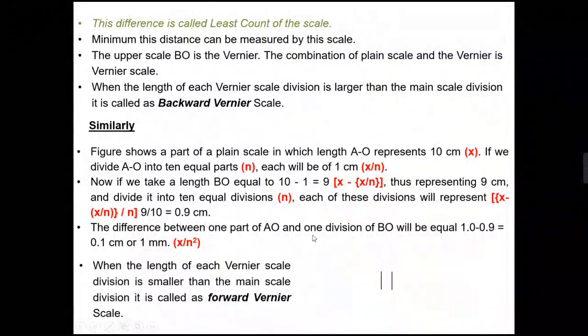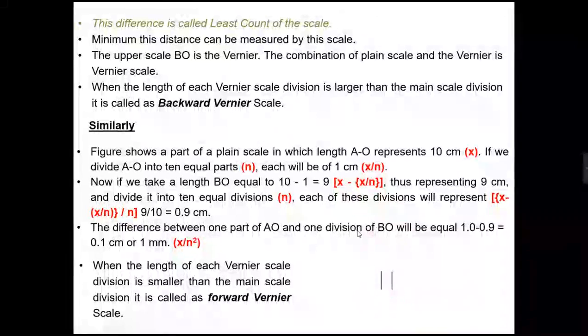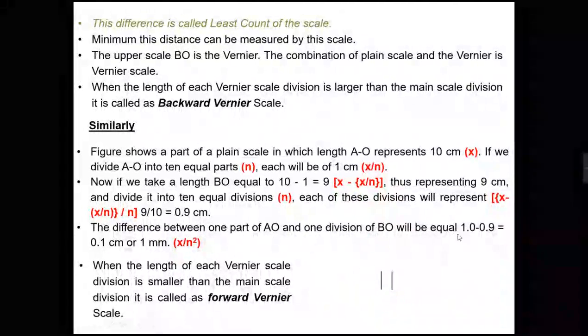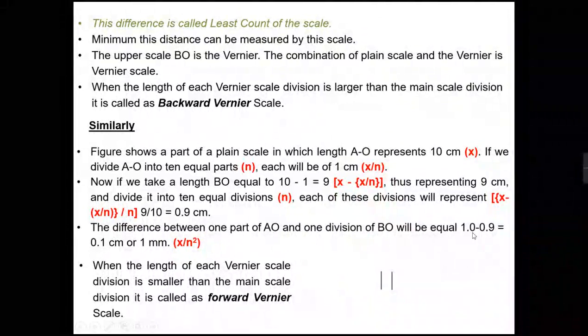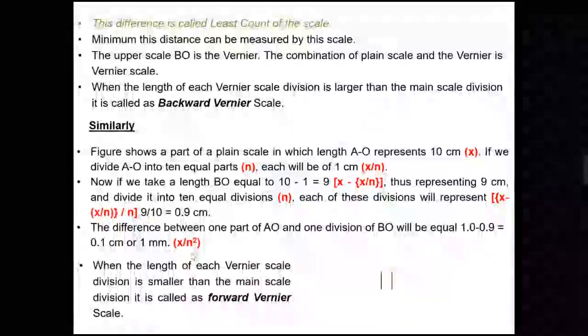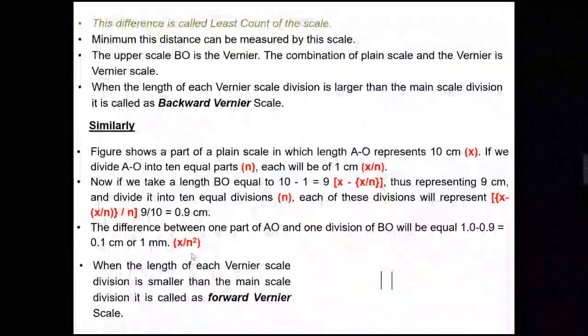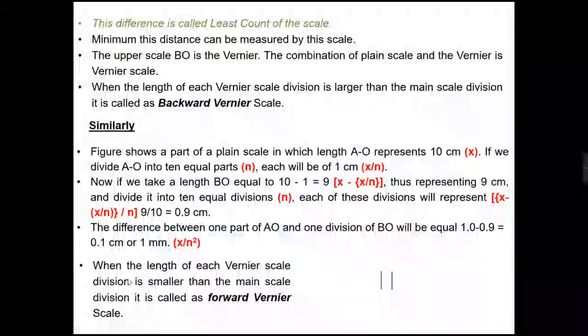The difference between one part of AO and one part of BO will again be equal to 0.1 centimeter, that is 1 mm, and in general it is again x by n square unit. So in both scales we are getting the same least count. So what is the definition?